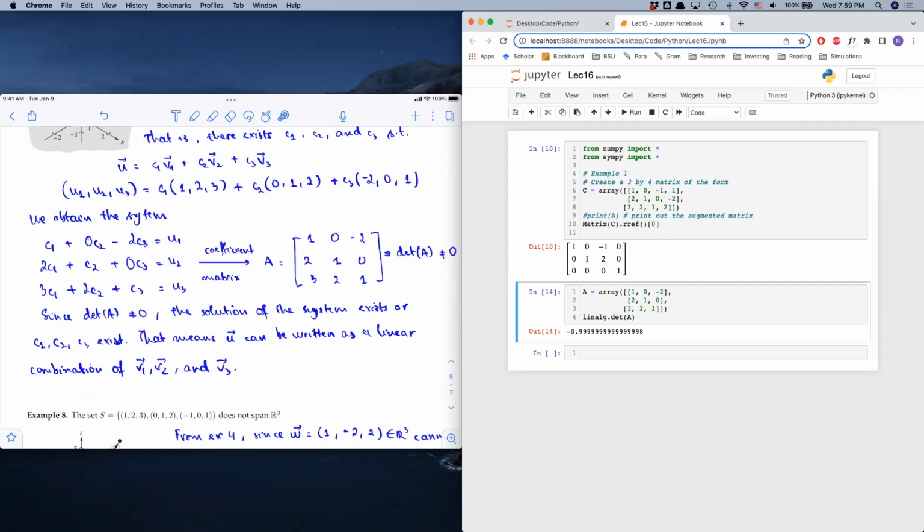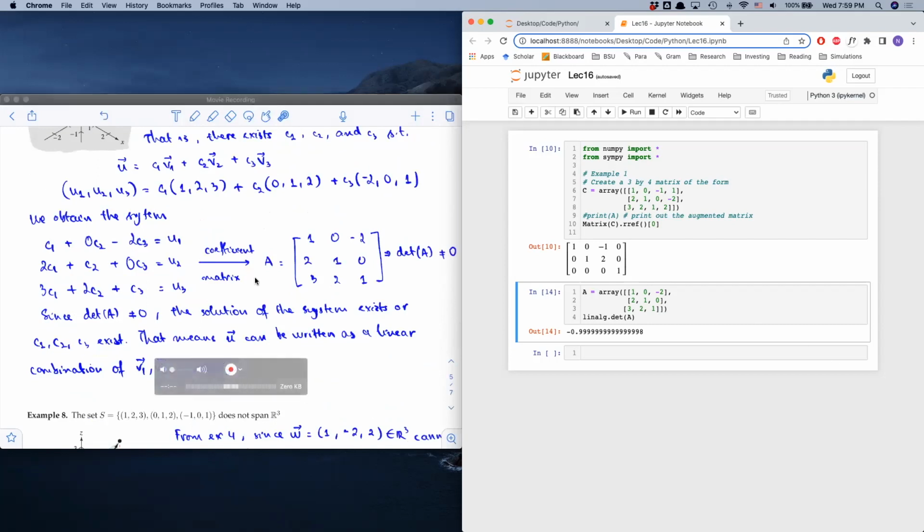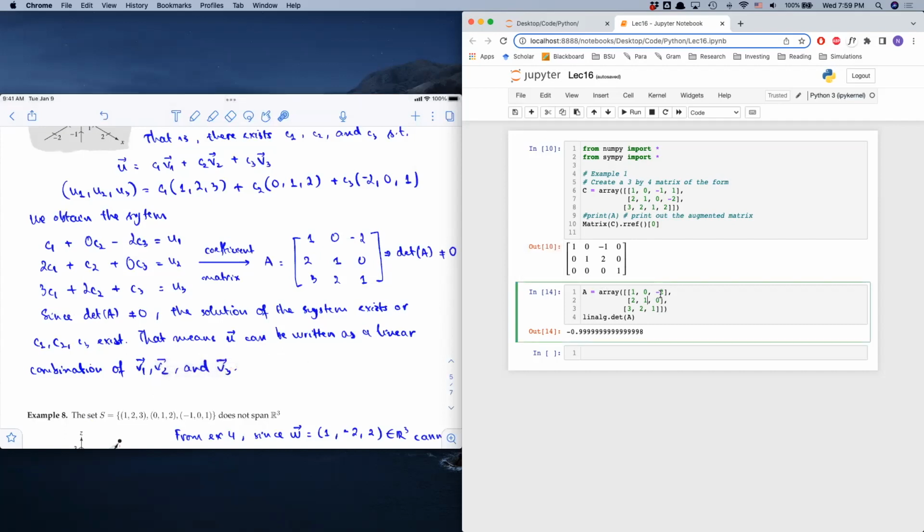Okay, so let's quickly do that here. The setup is going to be the same except for the first component of the last vector, changing from -2 to -1. So with that small change, let's see what happens. I'm just going to change my coefficient matrix to 1, 0, -1, 2, 1, 0, and 3, 2, 1.